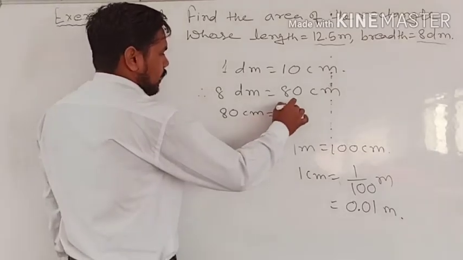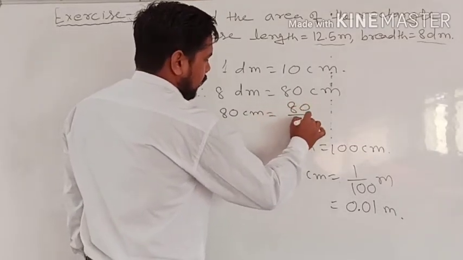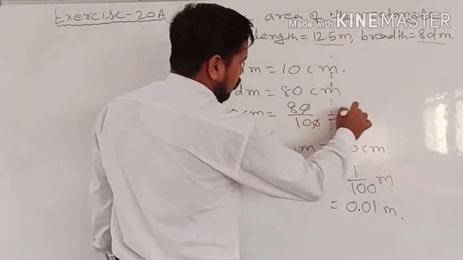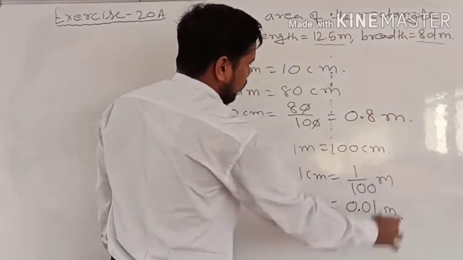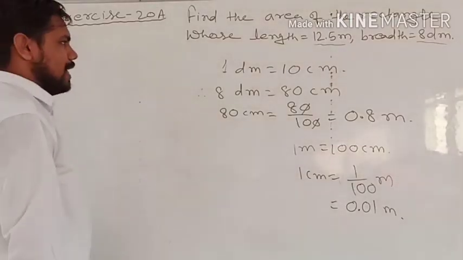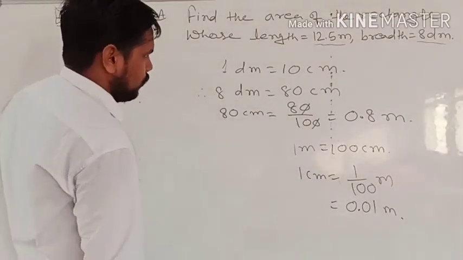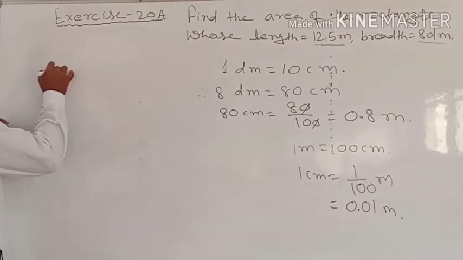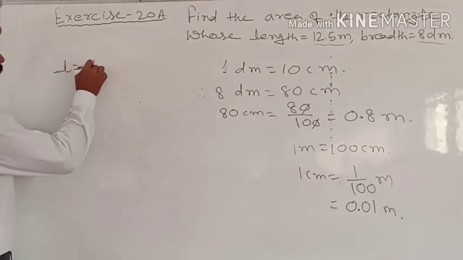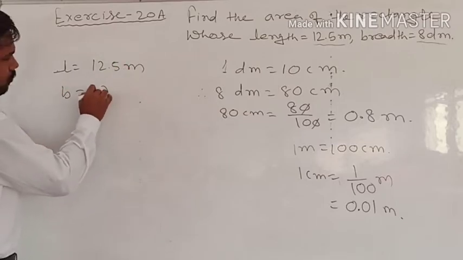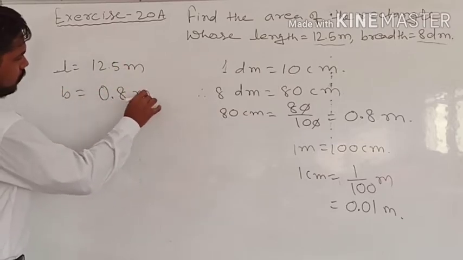Cancelling the 0, that is 0.8 meter. So the length L is 12.5 meter and the breadth is equal to 0.8 meter.